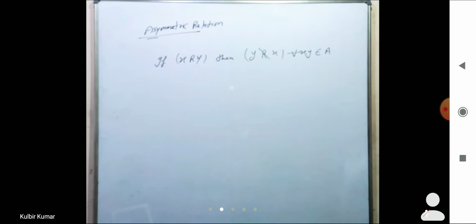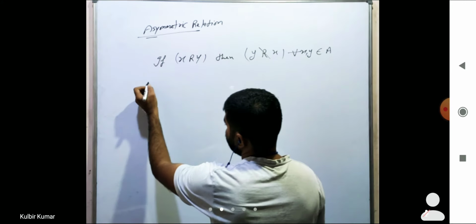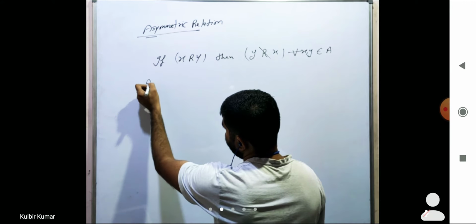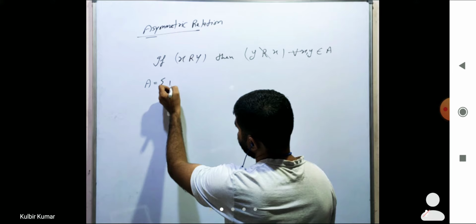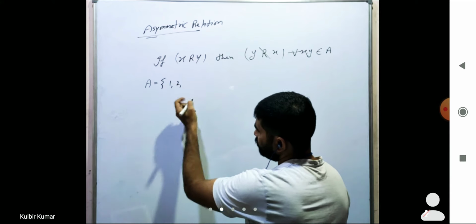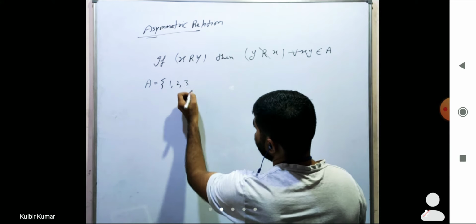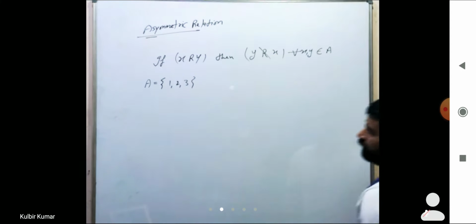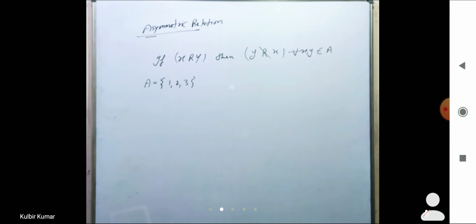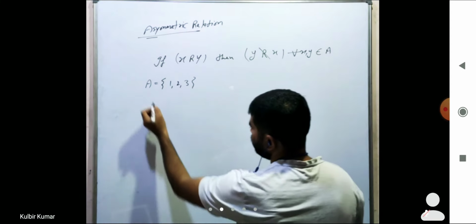Let's see the example. Here A is a set with three elements: 1, 2 and 3. So what will be A cross A?